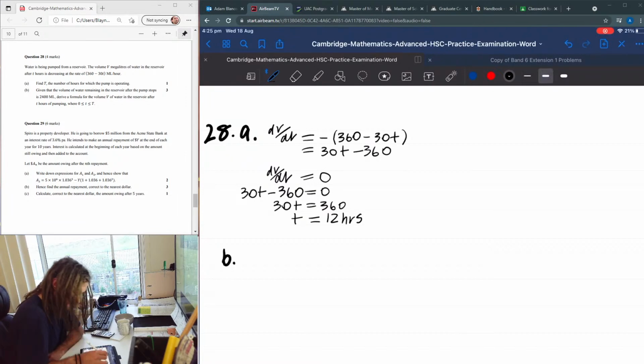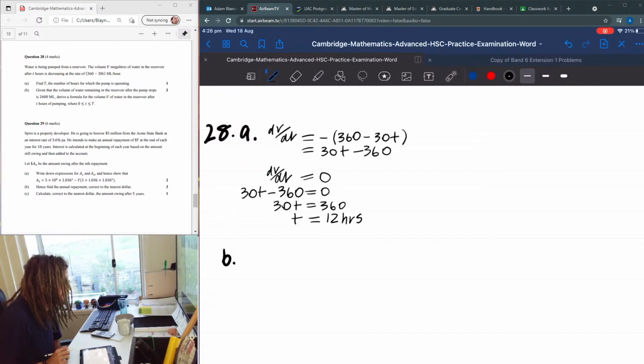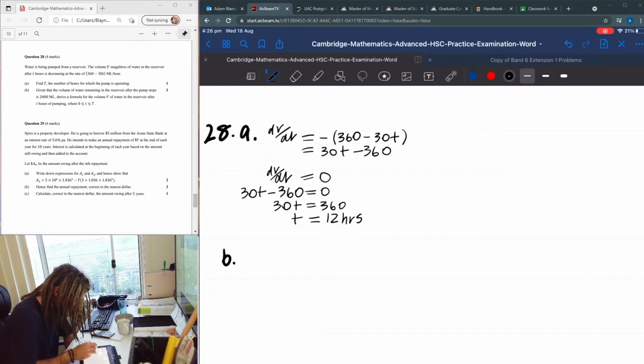B. Given that the volume of water remaining in the reservoir after the pump stops is 240 ml, derive a formula for the volume after. Okay, so I know what dV/dt is. That means if I were to integrate that, V equals the integral of dV/dt.